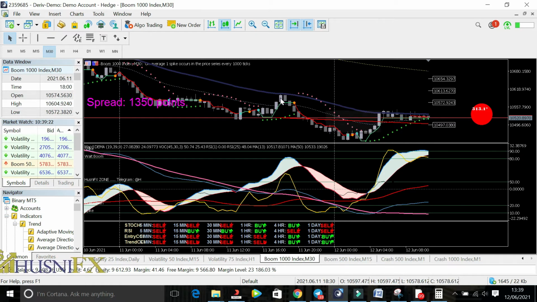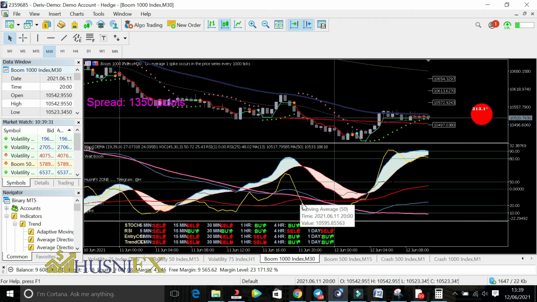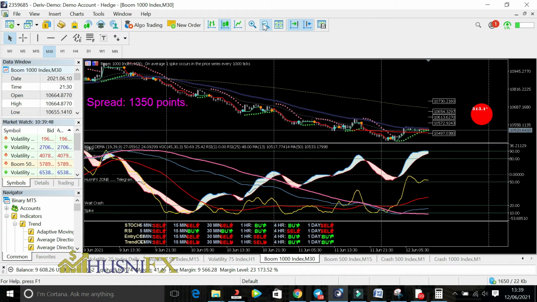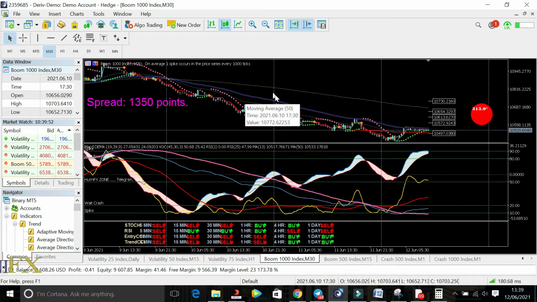So whenever price reaches here, you can see that this MACD is reaching over there, and MACD also gives divergence, or what we call the M pattern, showing like it is on the resistance. You can see that the price is also on the resistance right now, on the blue indicator. Whenever price is near or touches this moving average, it is on the resistance.